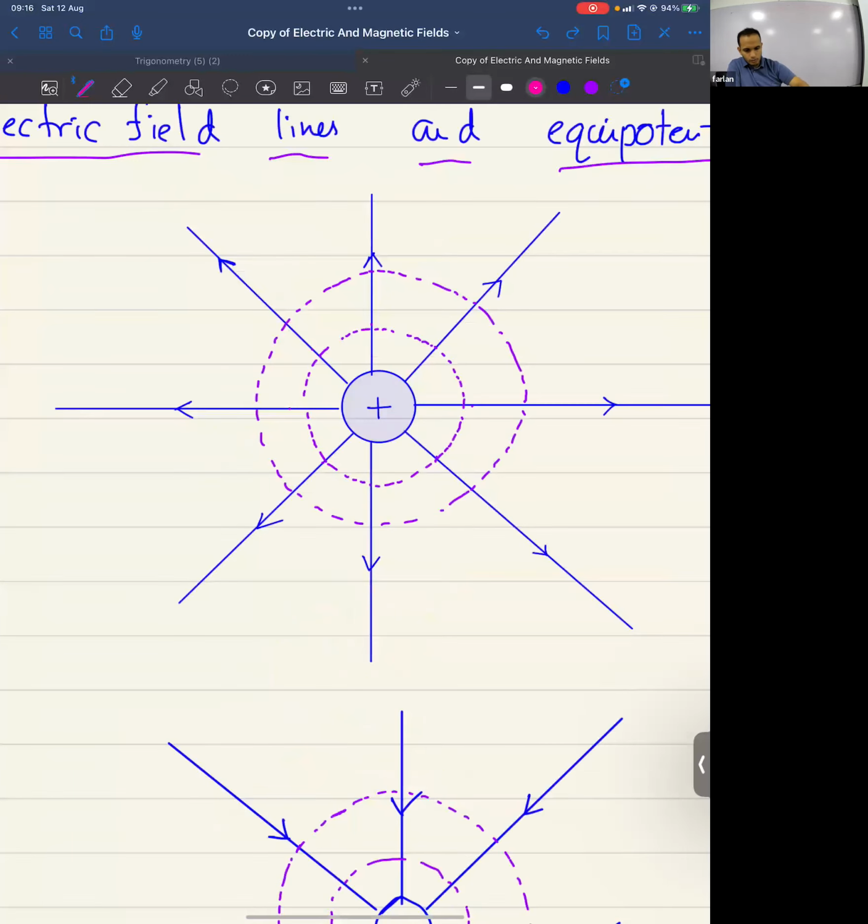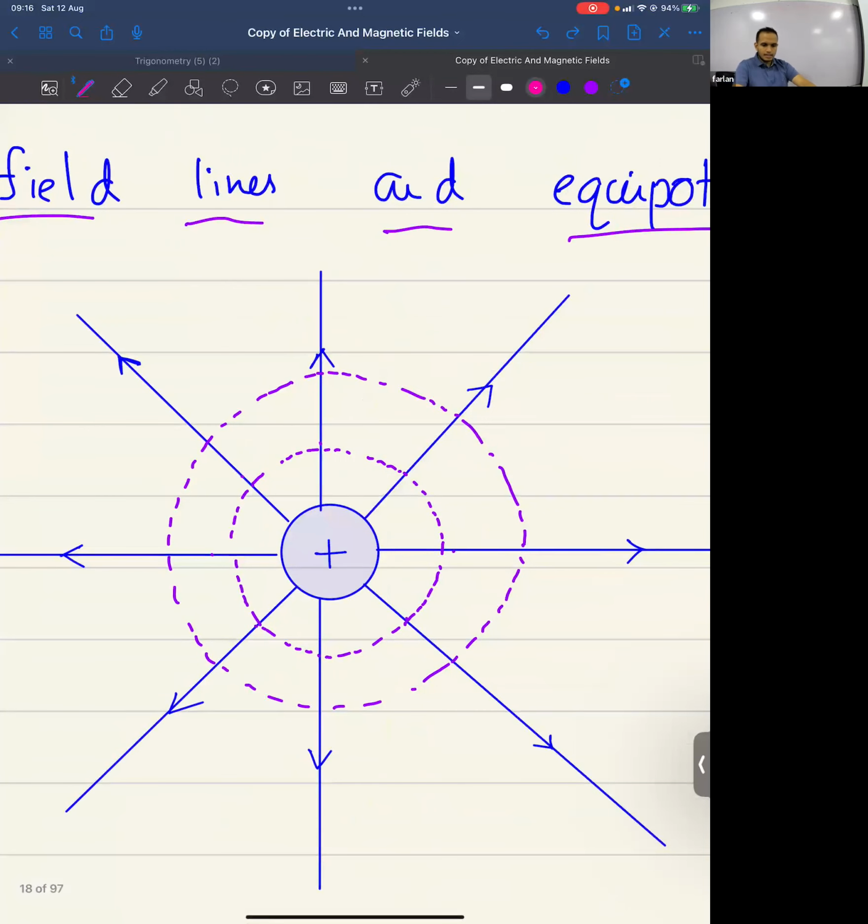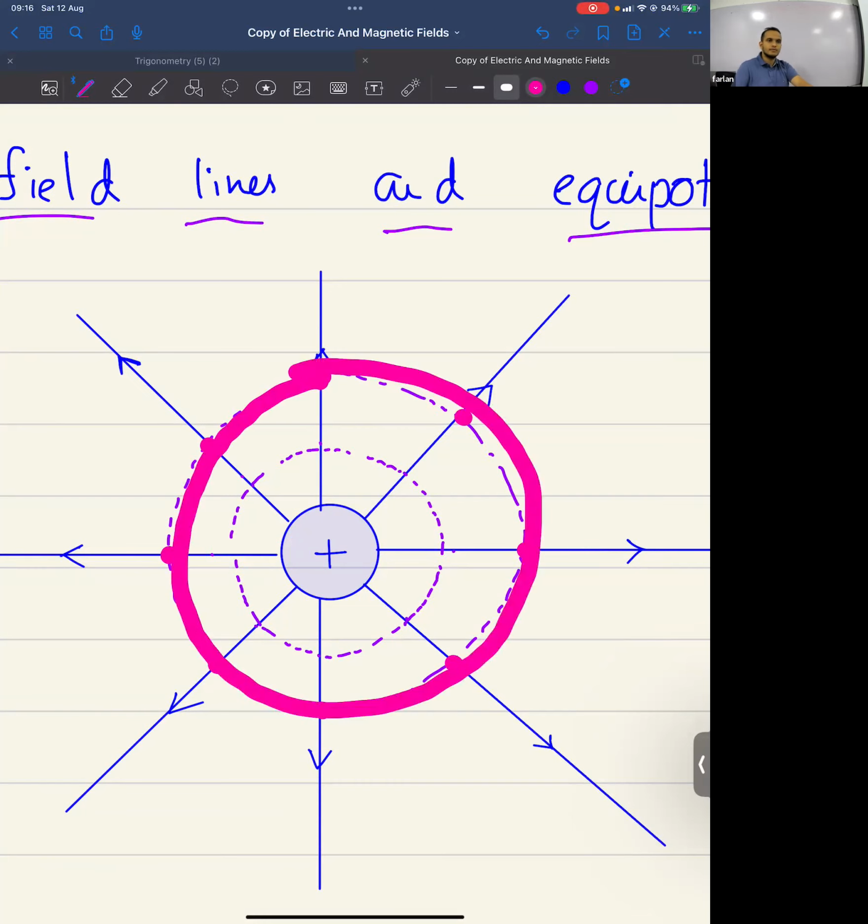So for an example, if I go back to this one, since this is just a positive charge, at equal distance from this charge the potential will be the same at these points. So this will be an equipotential line. And if I take these distances, again equal distance from the positive charge, the potential at those points will be equal.